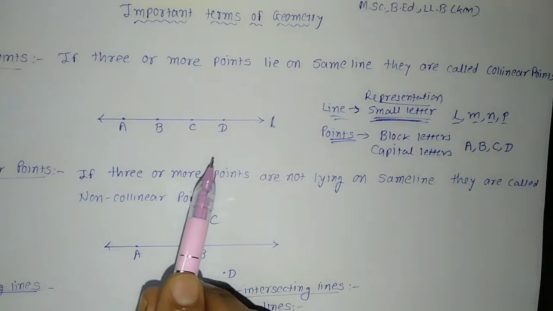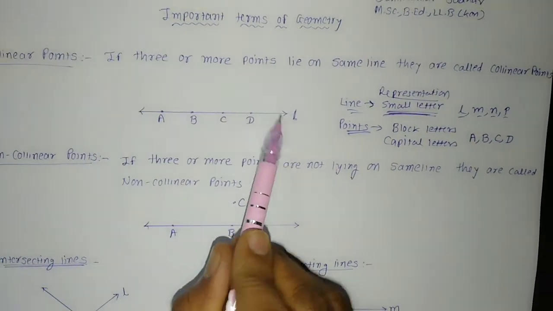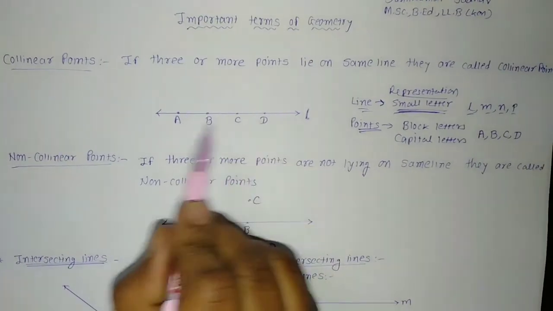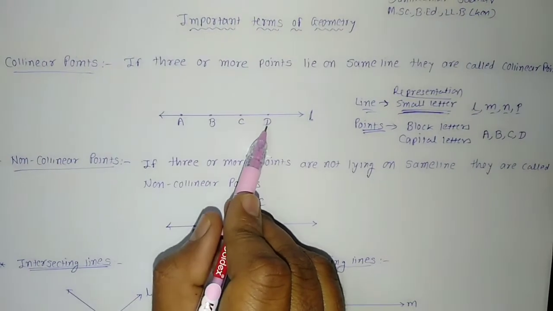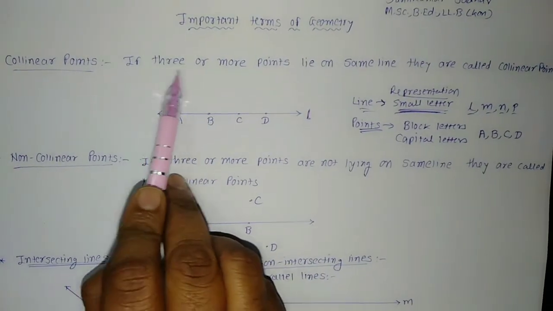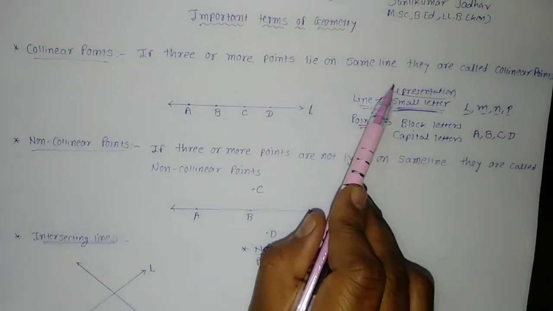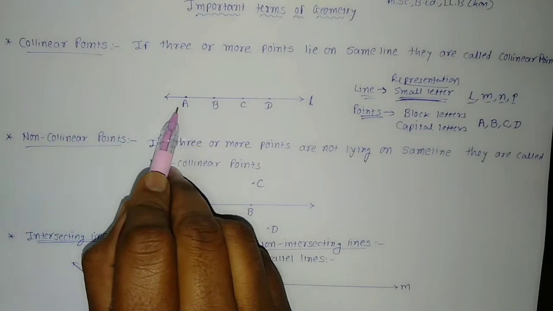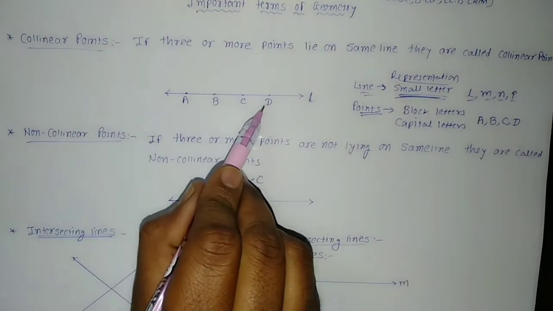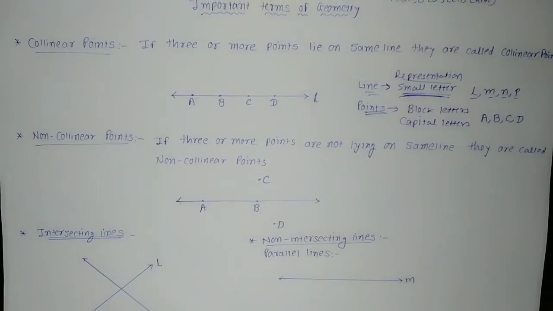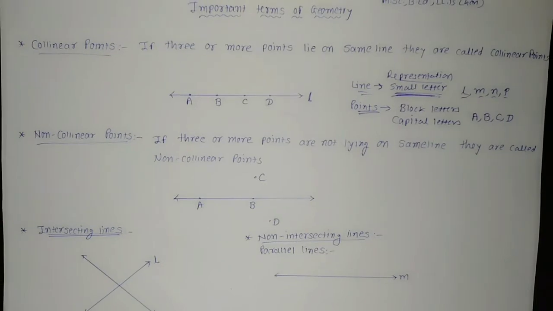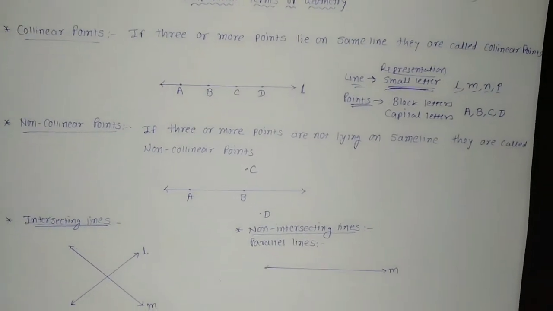So here you can see I have represented this line l with a small letter, and all these points are lying on it. It is capital A, capital B, capital C and capital D. As per the definition, if 3 or more points lie on the same line, they are called collinear points. So here we can say point A, point B, point C and point D are considered as collinear points because all those points are lying on the same line.